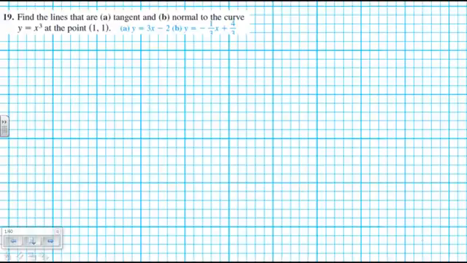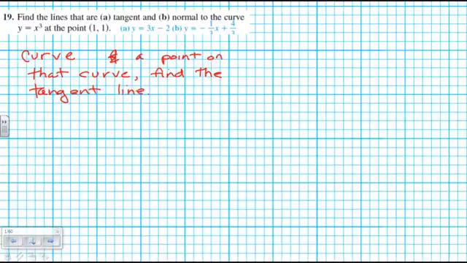So in problem number 19 from section 3.1, we're going to tackle this problem that we're actually going to see again and again and again. And that is, given a curve and a point on that curve, find the tangent line.